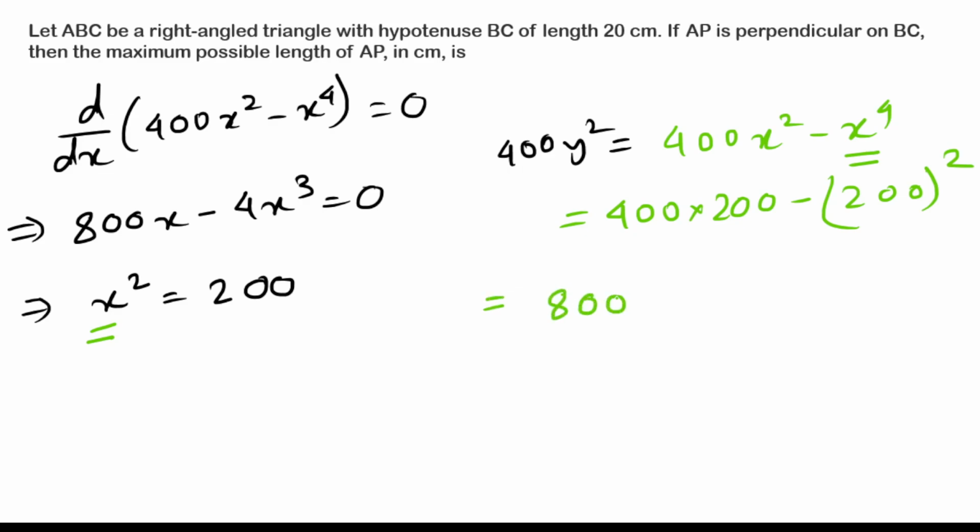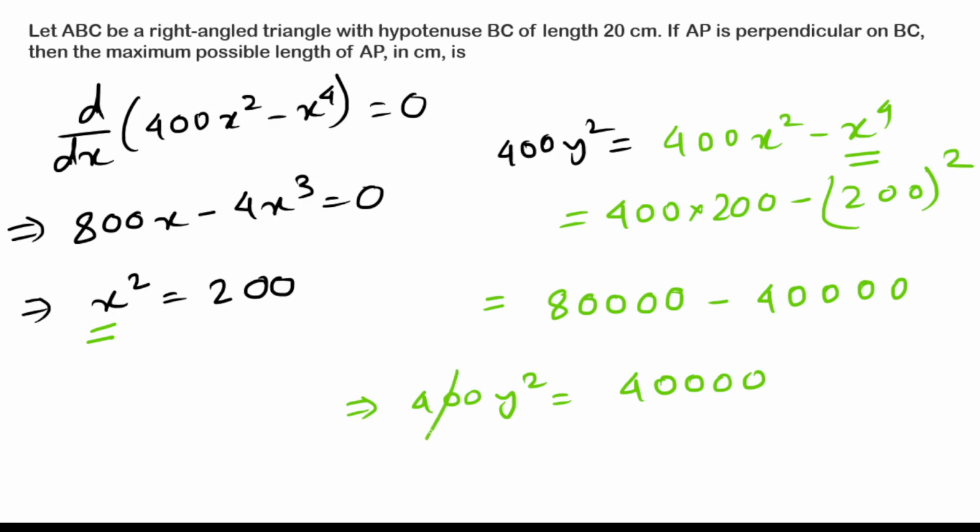So first of all, there will be 80,000 and this will be 40,000, right? So we have 400 y square equals to 40,000, right? Simply this cancels to 100 and y equals to 10 because it can't have negative roots, right?